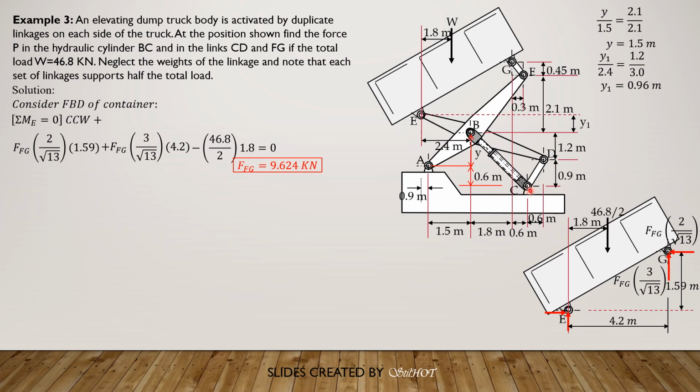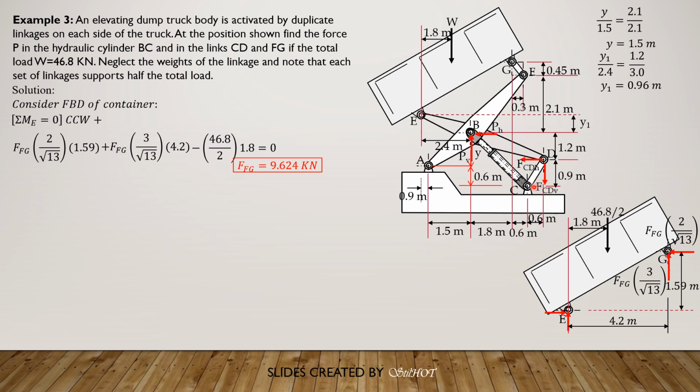Then next we break C and we replace the force in BC as P and the link CD as FCD, and there are two components also. So P has two components, PH and PV. Then at D, there are also two components, let's say downward and leftward, so we have FCD horizontal and FCD vertical.